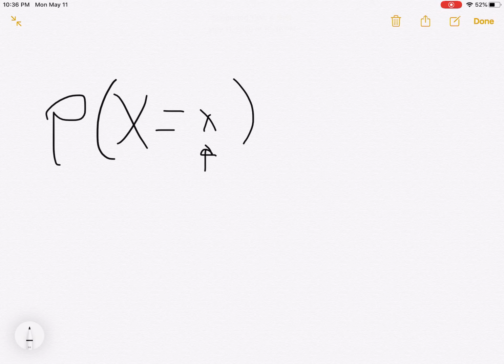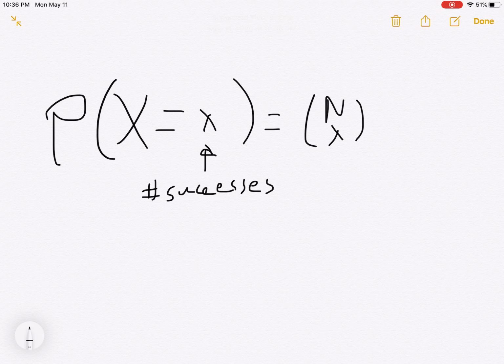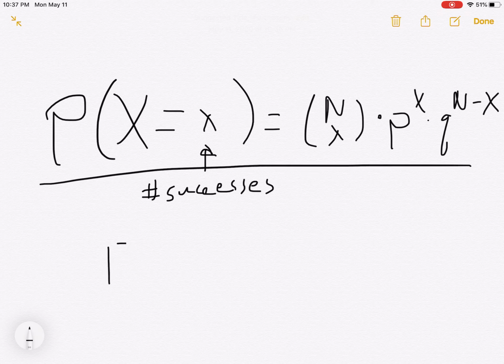This is the number of successes. And this will just be n choose little x times p to the x times q to the n minus x. So when you have all of those things listed on the last slide, you can go ahead and use this formula, which is the binomial distribution.